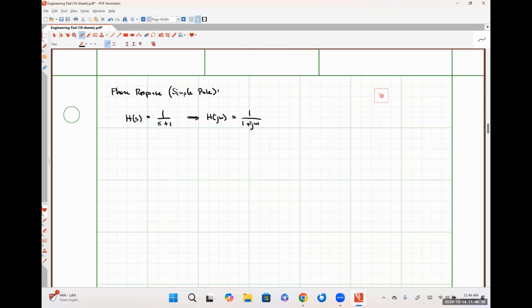So all I've done here is simply substitute in j omega everywhere I saw s. Nothing more complicated than that.